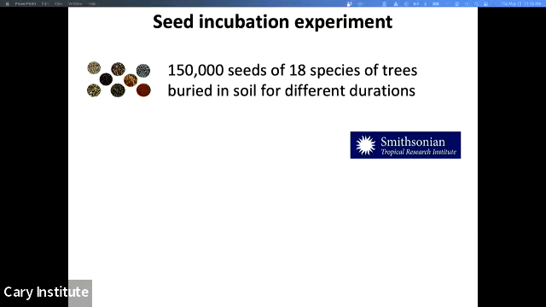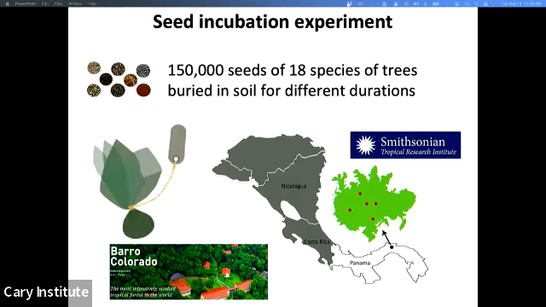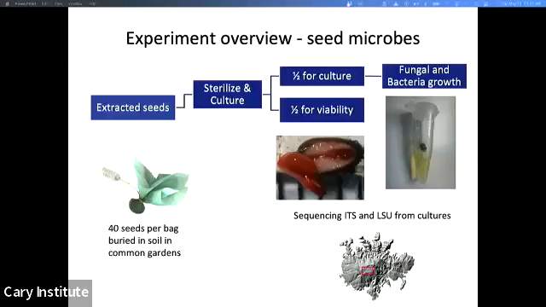And we buried them for different durations here in this little island called Barro Colorado Island in the middle of the Panama Canal. So this is Panama, we have South America here, and then Central America, okay? And those seeds were buried in the ground for different durations, in little seed bags that really look like tiny party favors.